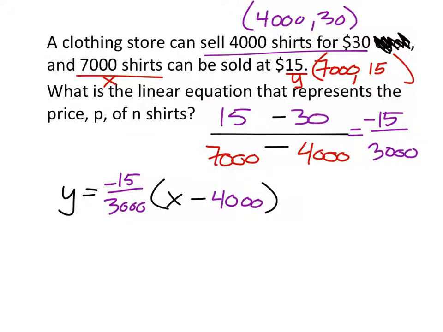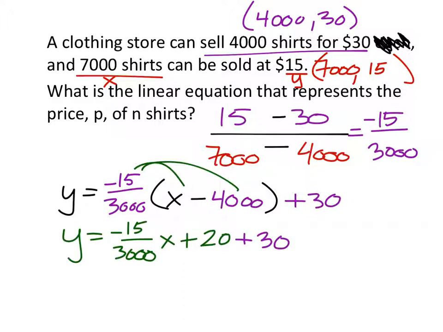Which is going to make that even worse. But then I've got the y value, which is a positive 30. Okay, let's distribute this into the parentheses. And just like we have with all the other point-slope forms, all we need to do now is combine like terms, right? We're looking at that 20 and 30, which combine into 50.